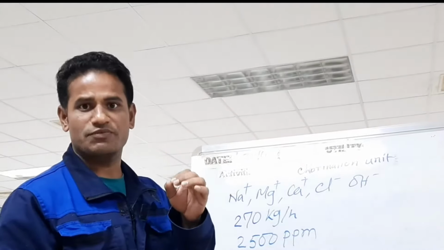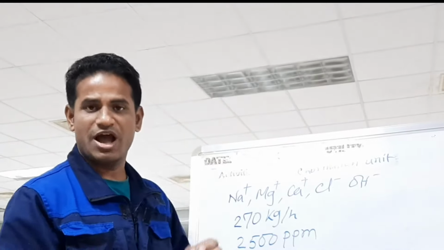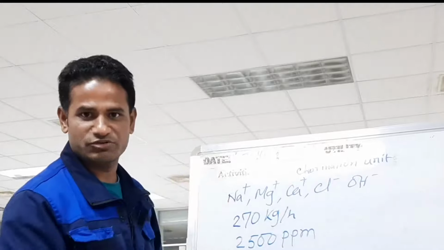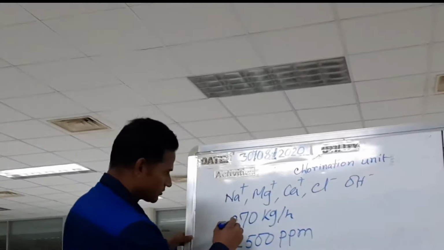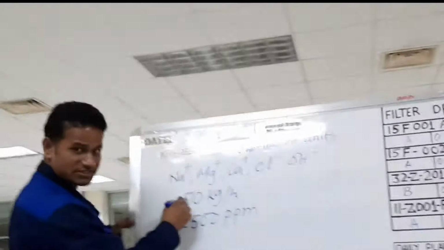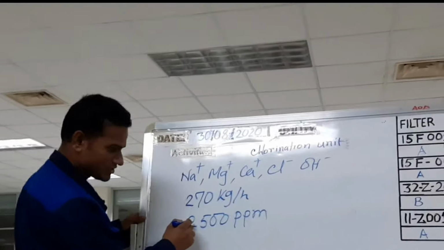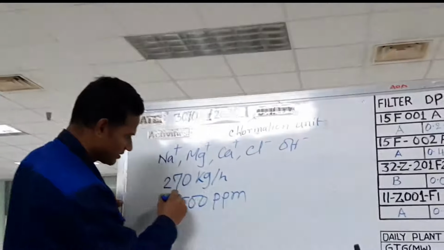For producing 270 kg of chlorine, how much seawater is required? We can calculate easily. The chlorine production capacity is 270 kg and the concentration is 2500 ppm.